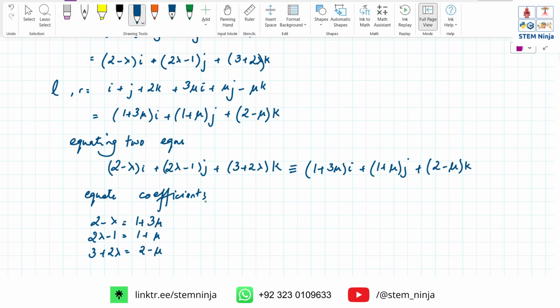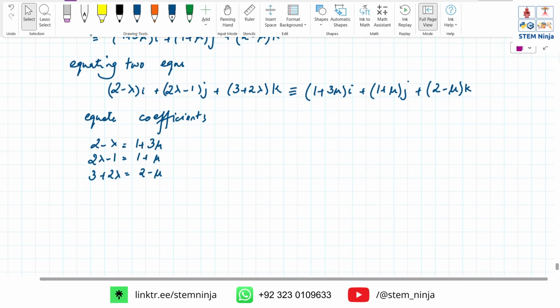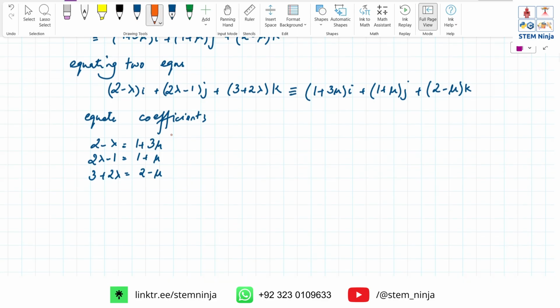Now, since we have two unknowns, we're going to solve two equations first, then plug lambda and mu in the third one. So we can choose either one. There's absolutely no problem over here.